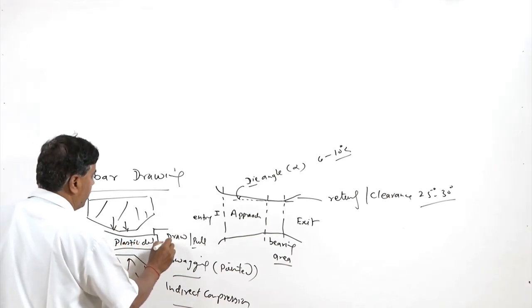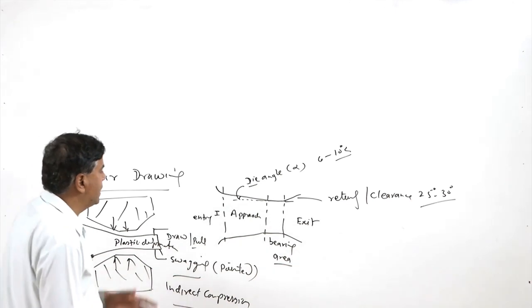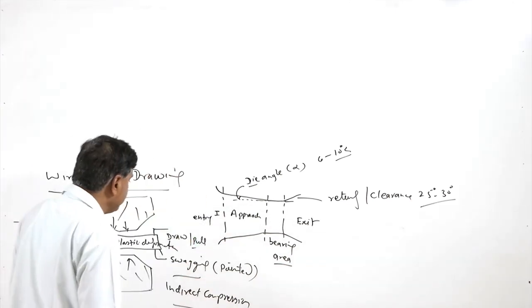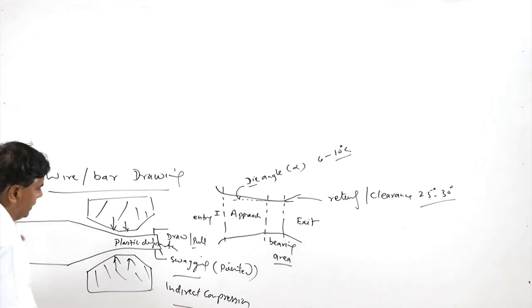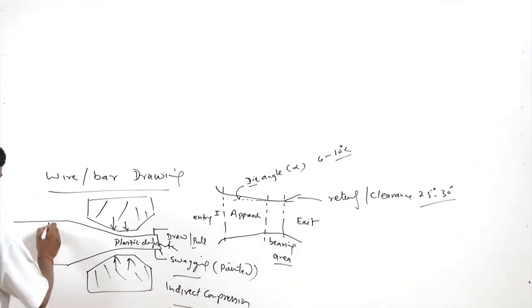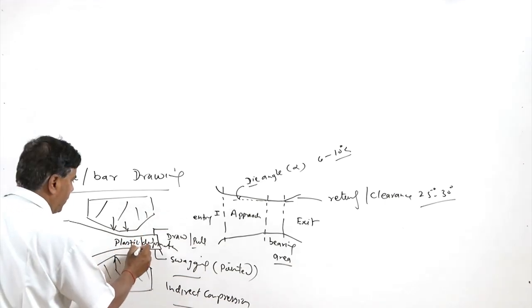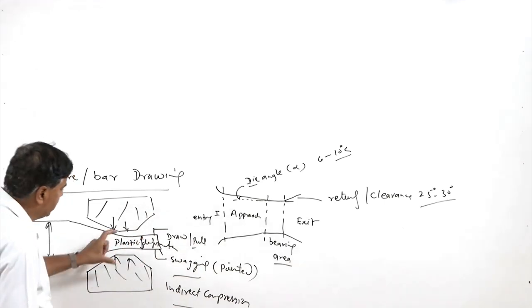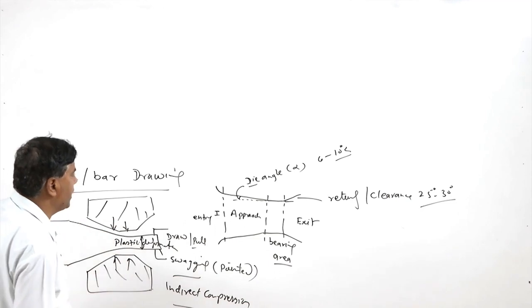This plastic deformation reduces the diameter of the bar from the large diameter, like D naught, to the smaller final diameter corresponding to the diameter of the die at the bearing zone.